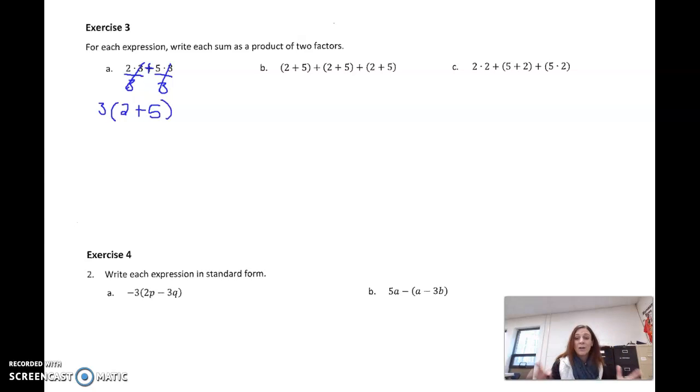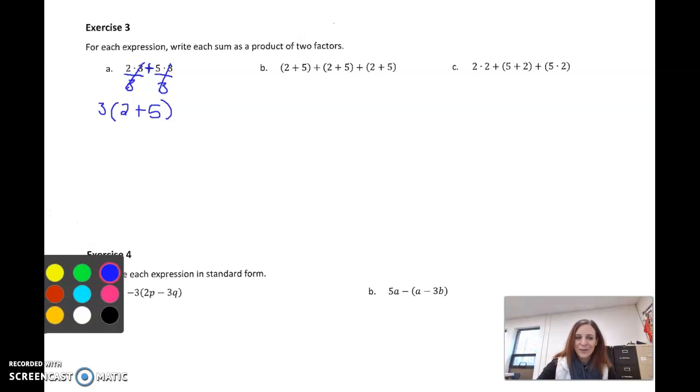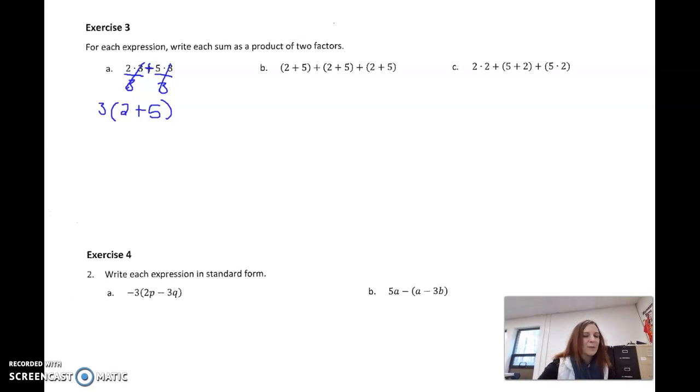And I get it. We're like, well, 2 plus 5 is 7. Why can't I just type it into a calculator? Okay. First of all, the directions say write each sum as the product of two factors. But then, here's why I want you to leave room. What happens when I don't write it with a 2 per se?